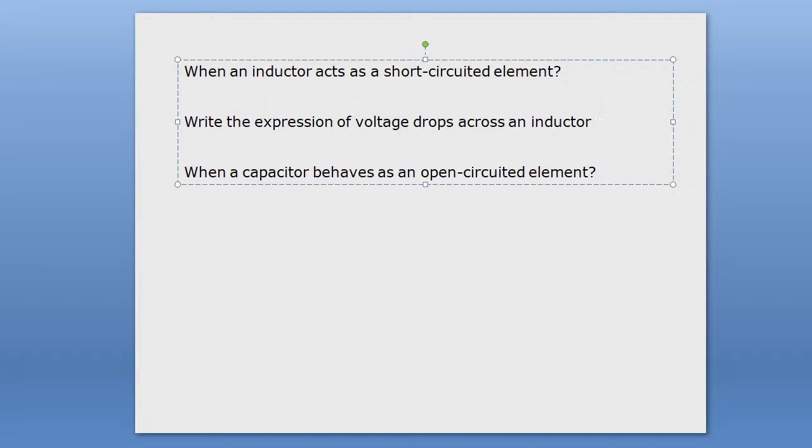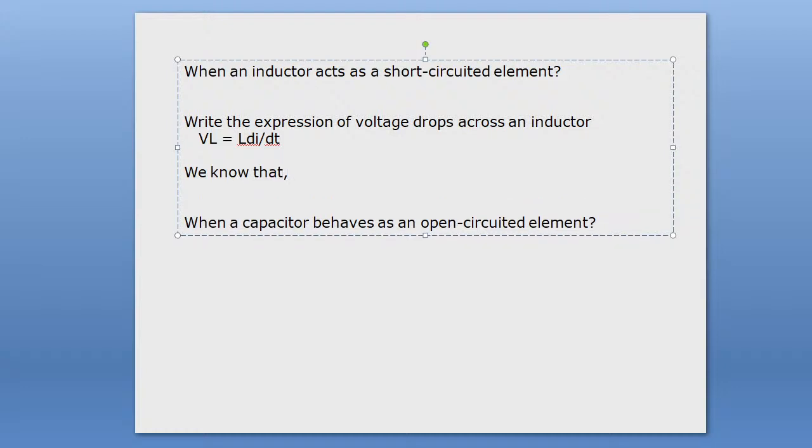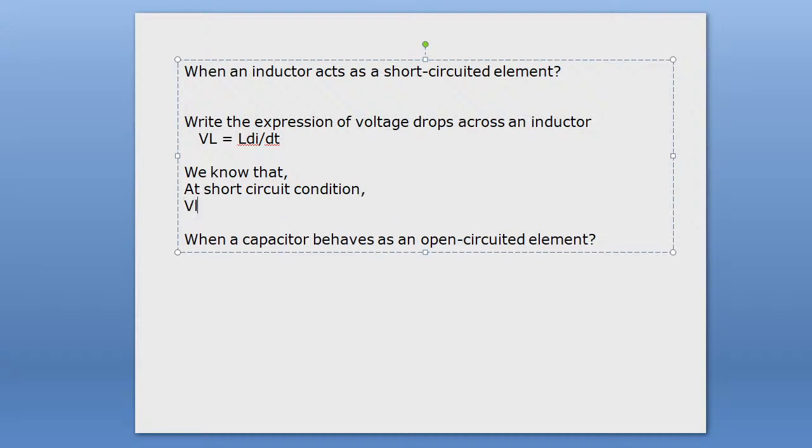When an inductor acts as a short circuit element, the voltage drop across an inductor, V_L, equals L di/dt, and we know that at short circuit condition or situation, V_L will be equal to 0.